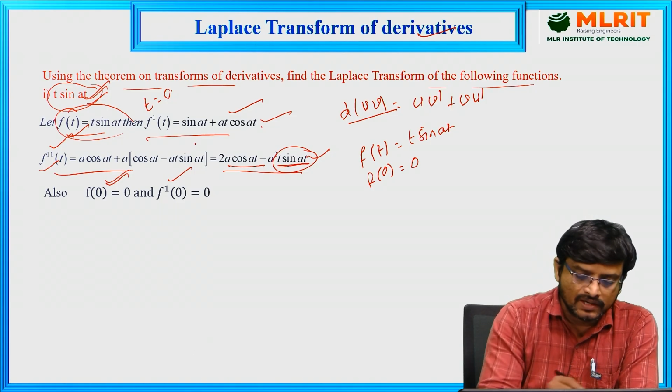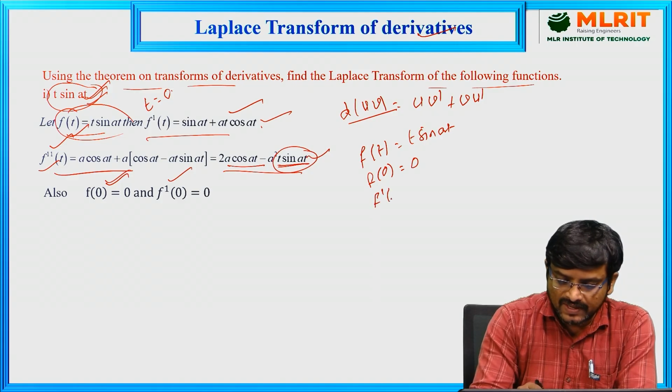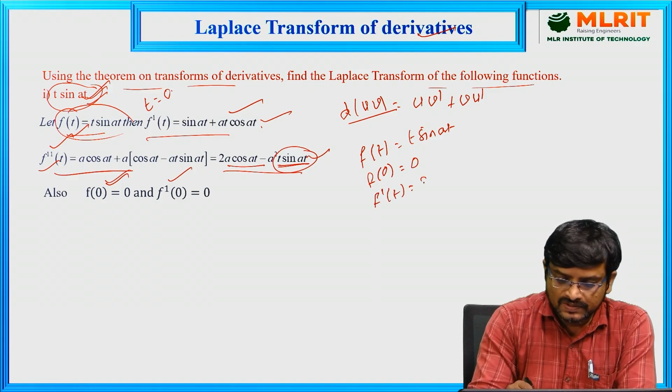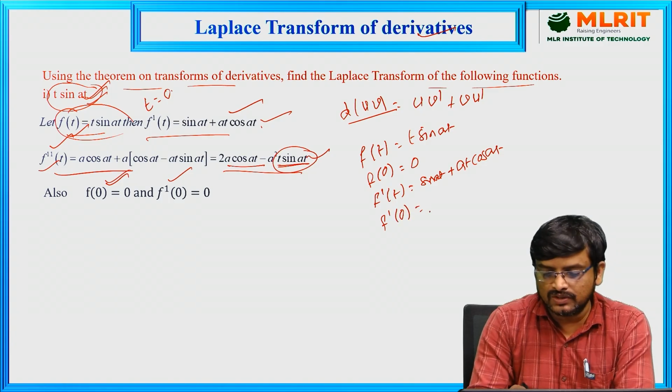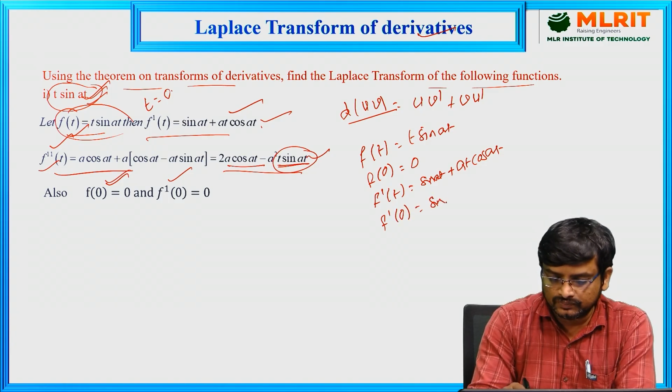And already we got f dash of t equal to sin at plus a into cos at. Now here also substitute t equal to 0, you will get f dash of 0 equal to sin 0 plus a into cos 0, which is 1.